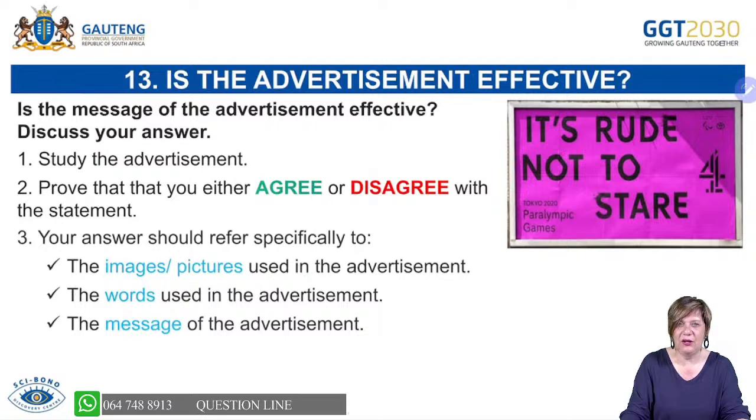So please make sure that when you answer this open-ended question, you cover all three things. Let me remind you again. The picture, the words, and the message. If you do that, I promise you will get your 3 marks easily.